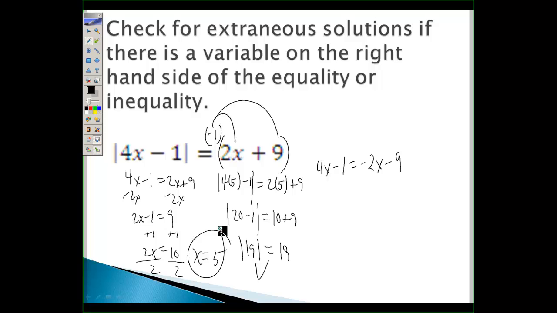The whole term on the right-hand side changed to a negative term. Add 1 to both sides. Add 2x. X equals -4/3 when I reduce.